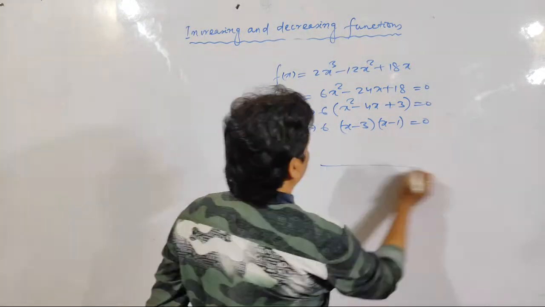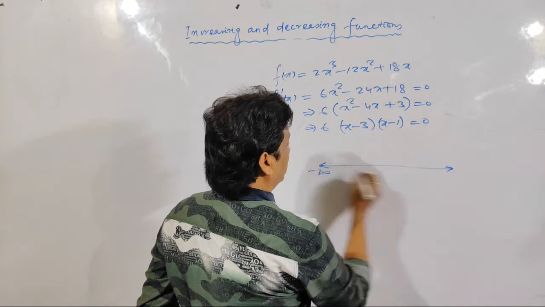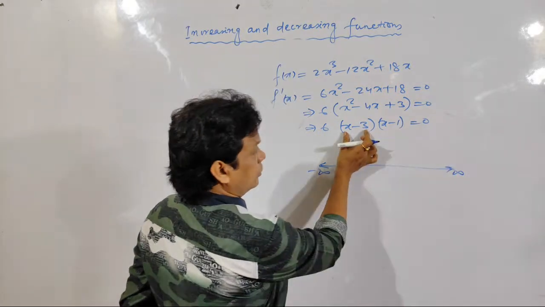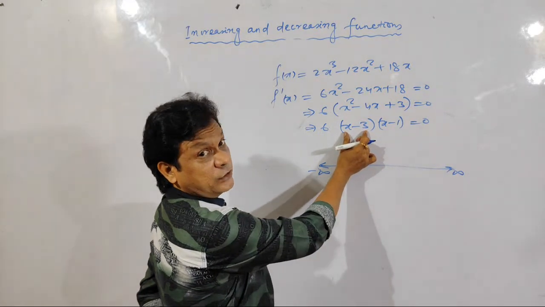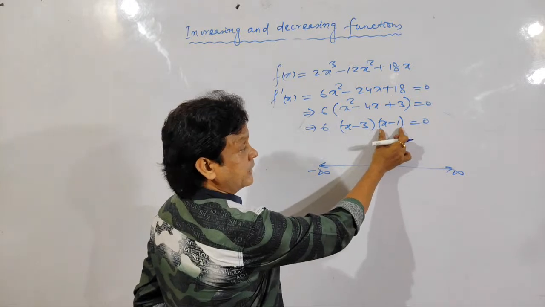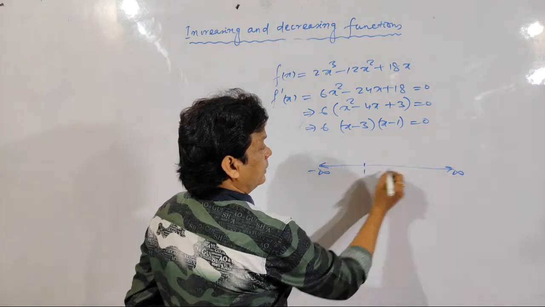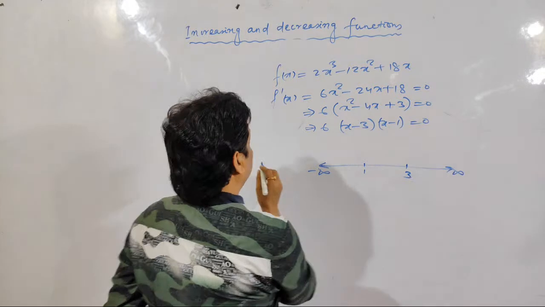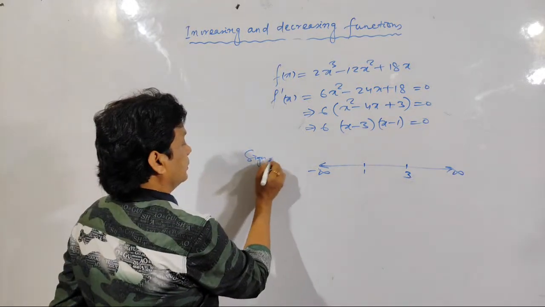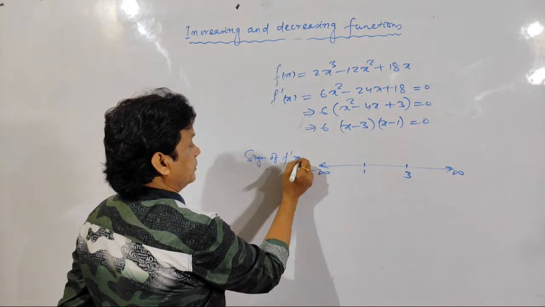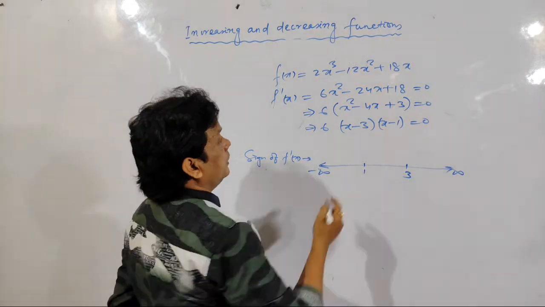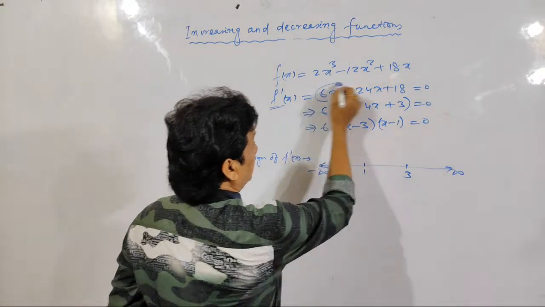So draw the number line directly. Minus infinity, this is infinity. x minus 3 equal to 0 means x is equal to 3, and x minus 1 equal to 0 means x is equal to 1. So 1, this one is 3. And you should write the sign of f dash x. Here the value of f dash x is this one.